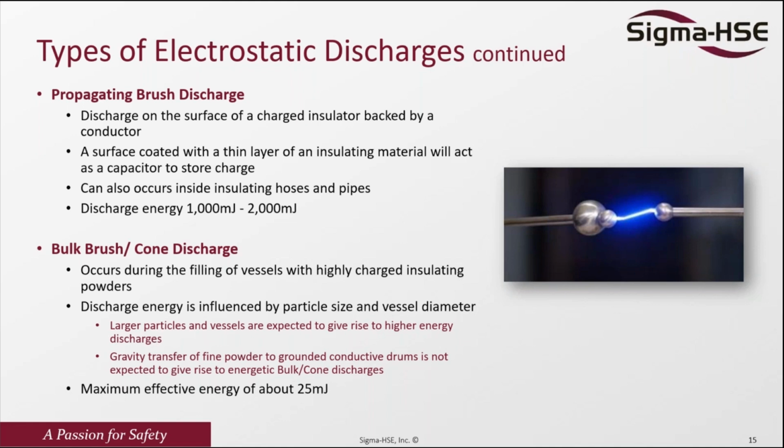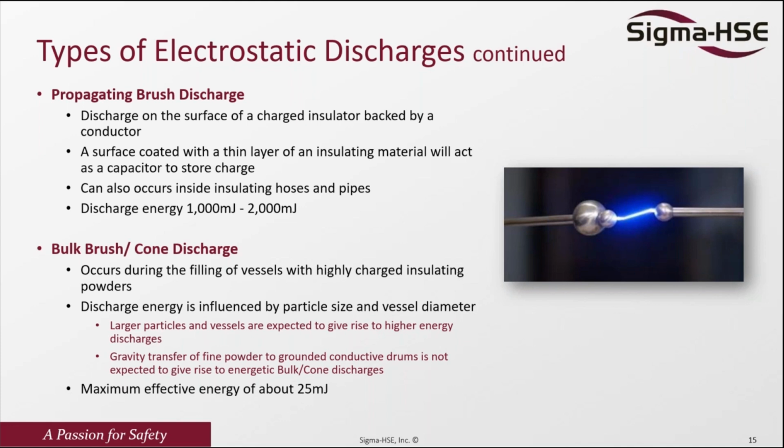We also have the bulk or cone discharge, and I think I'll dive more into that one very soon too. It occurs when filling a container. When filling a container from the top, as it drops into maybe a silo, and you see that it forms kind of a cone, and if the material is super insulative, depending on the volume resistivity or the surface resistivity of the material, then it will actually accumulate those charges.